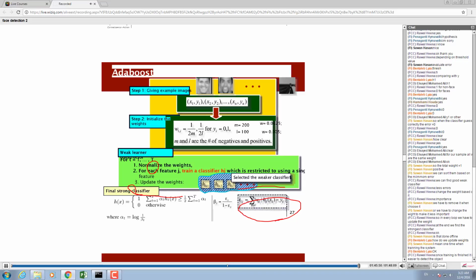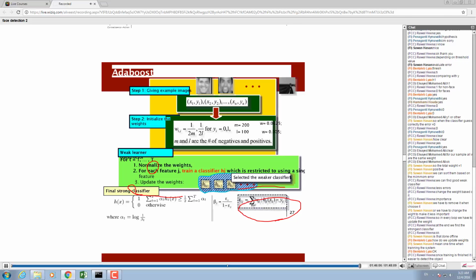Yes, this training is happening just one time, right? So when we are detecting faces, we don't do this step again. Once it is done, we just use the trained data. We are not training every time.